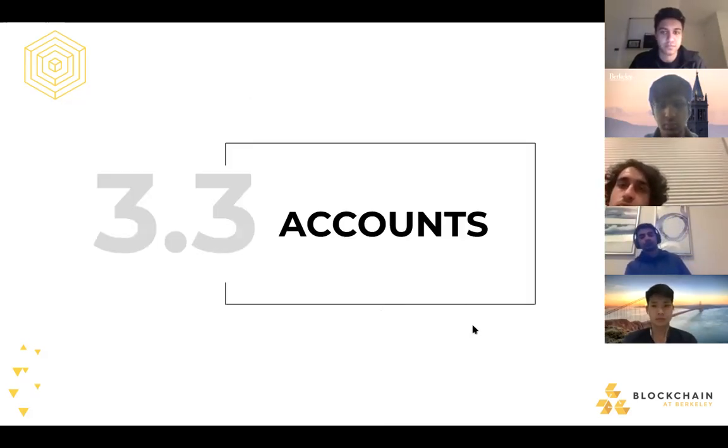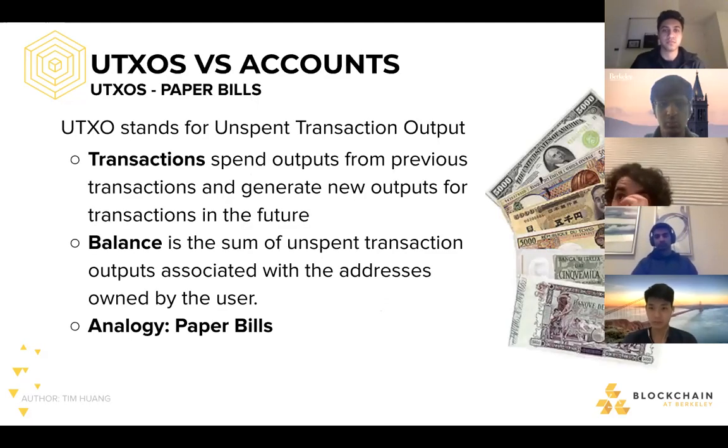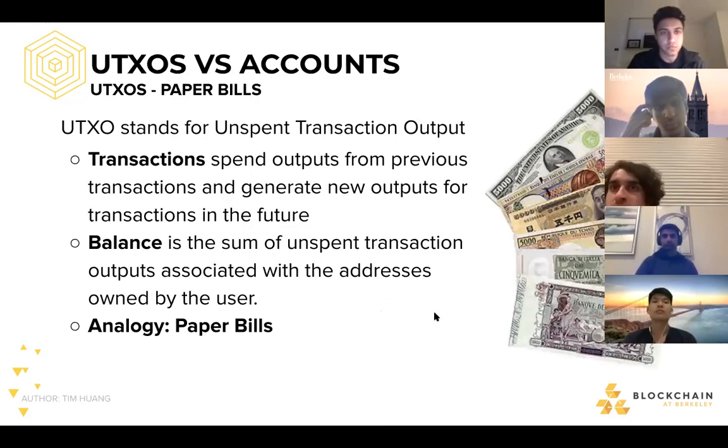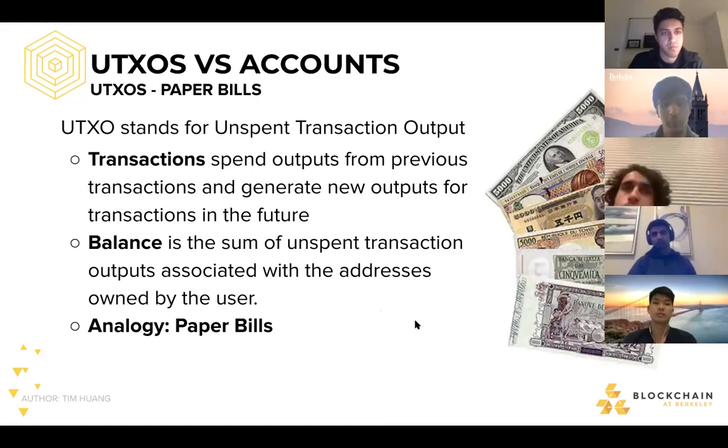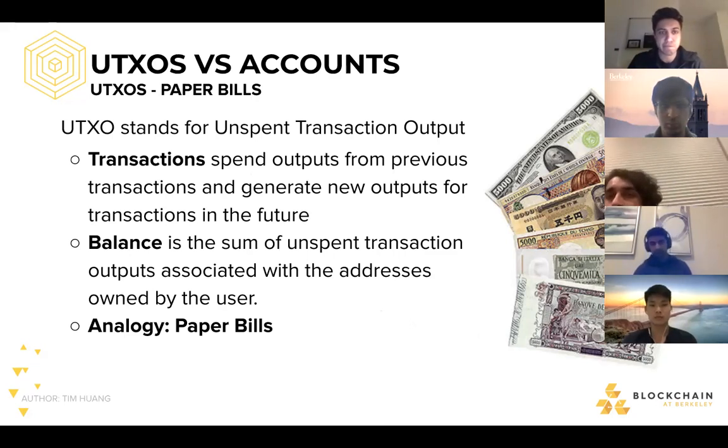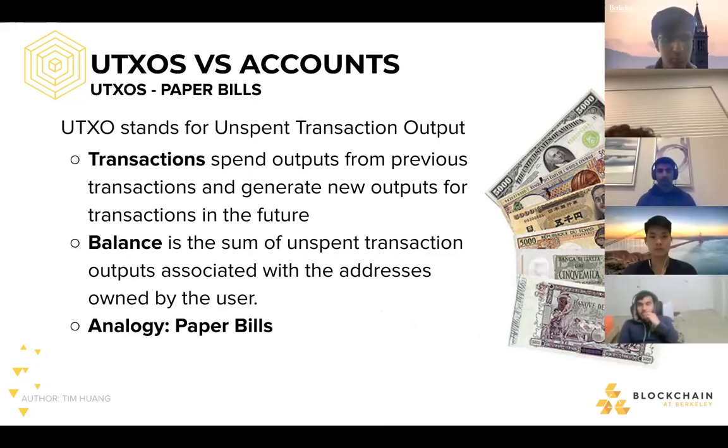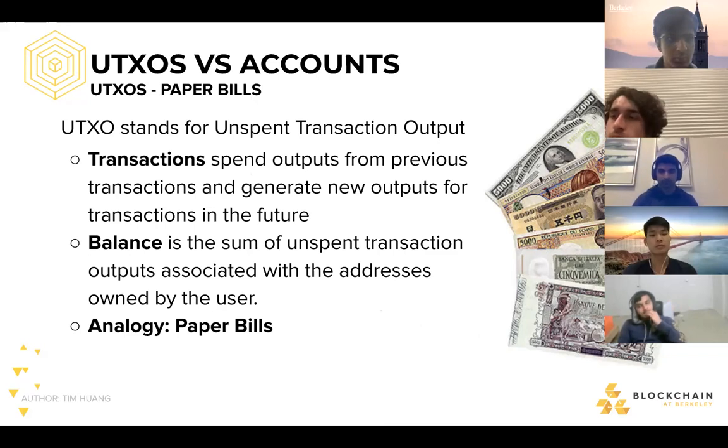So let's go over how Ethereum uses accounts. This is actually important. So, UTXOs versus accounts. A UTXO in Bitcoin stands for an unspent transaction output. A transaction spends outputs from previous transactions, and it generates new outputs for transactions in the future. What does that mean?